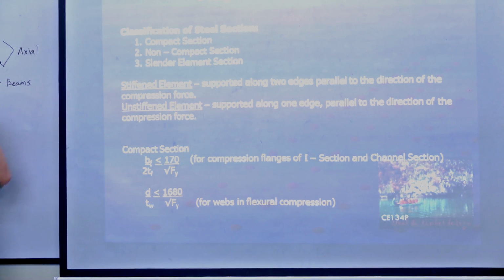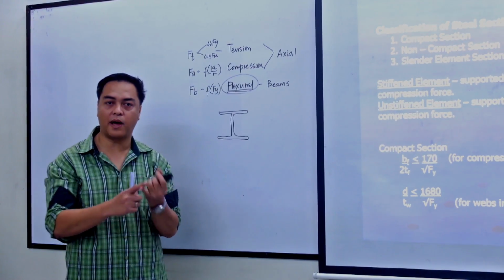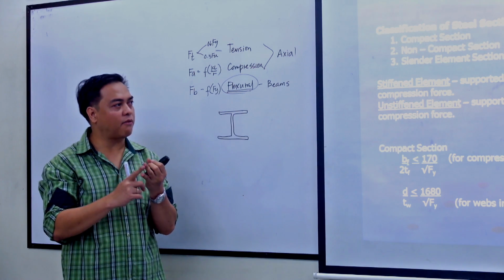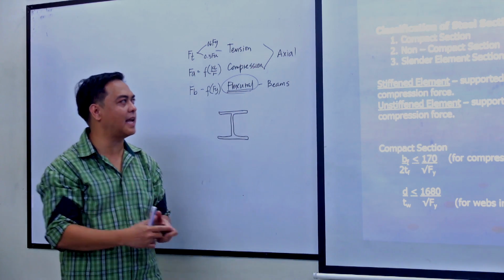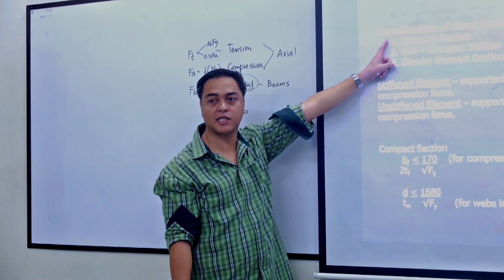Now, most of the cross-sections that we have are standard. When I say standard, these are the sections found in the steel manual: the wide flange sections, the channel sections. Whenever we have these cross-sections, most likely they will fall under compact sections.